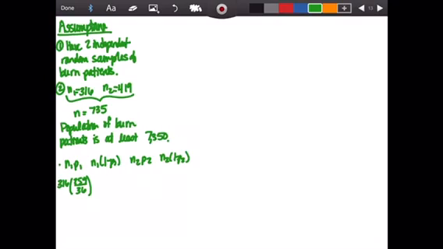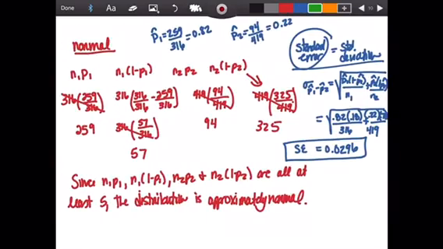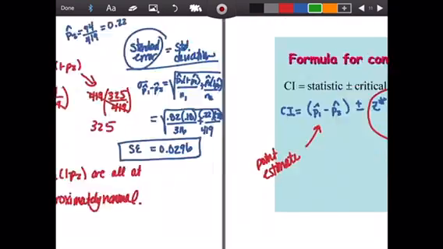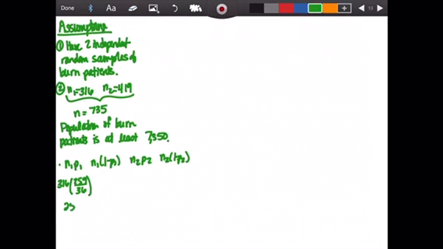We actually calculated these before, didn't we? So let's go back and take a look at what all those calculations were. 259, 57, 94, and 325.